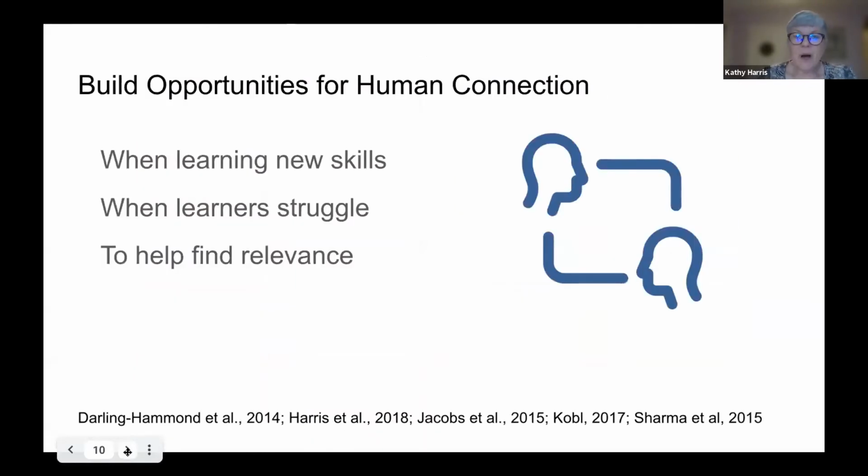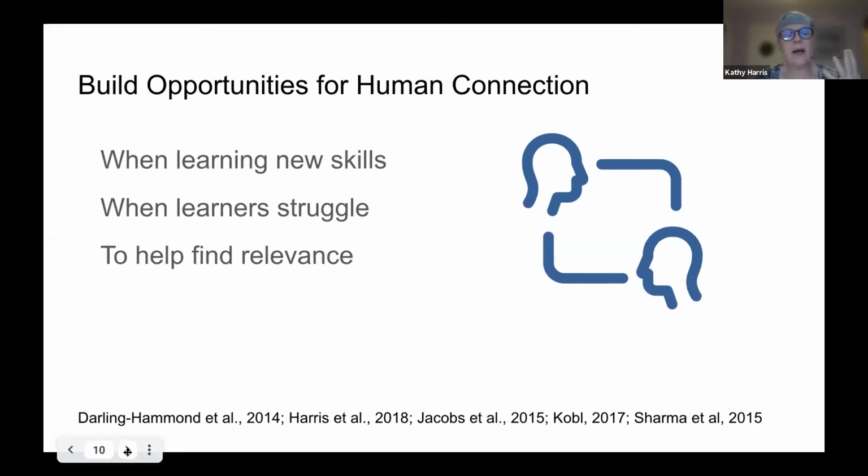All right, people often think that learning digital literacies is a one and done, and that it's a solitary activity between a device and a learner, but it isn't. Human connection is very important, and this often surprises people when we talk about it. Human connection is really important when learning new digital skills, when struggling, as we all do, when something doesn't work, when we get stuck, and to find relevance.